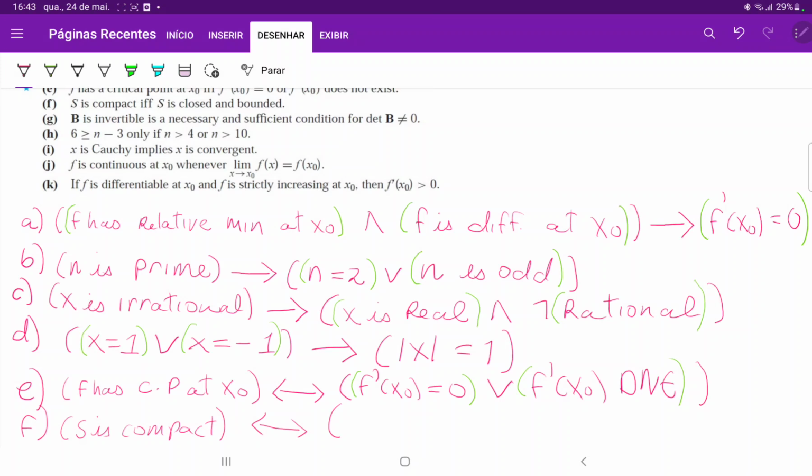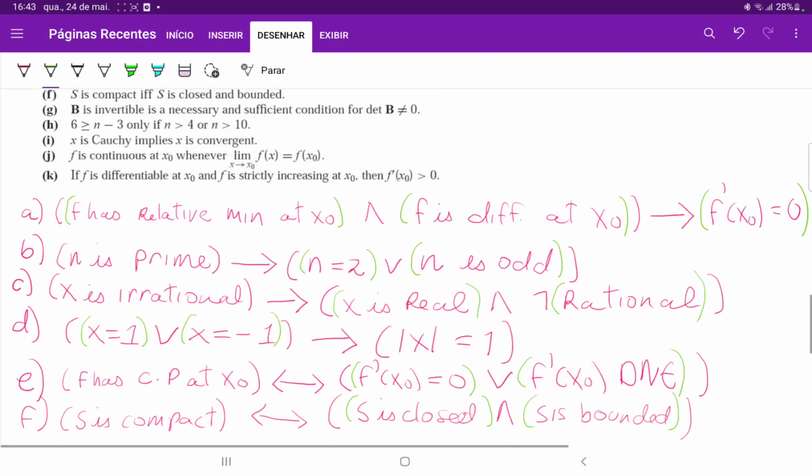So we have a conjunction here: S is closed, and S is bounded. Now, once more, we do have to put parentheses to indicate order of operations because and is evaluated before the biconditional. So that was it for our F. It's a necessary and sufficient condition, okay?